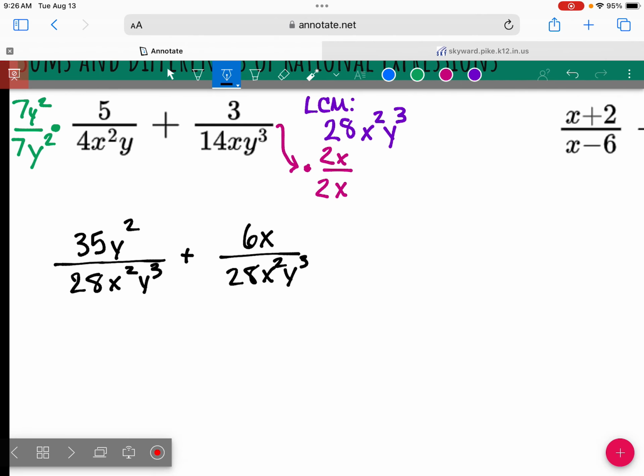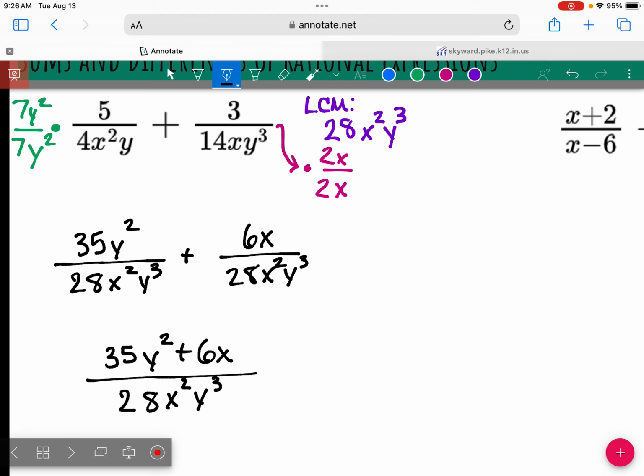So when we add these together, it's going to give us one fraction. 28x squared y cubed is my denominator. What's my numerator going to be? 35y squared plus 6x. I can't combine them together.